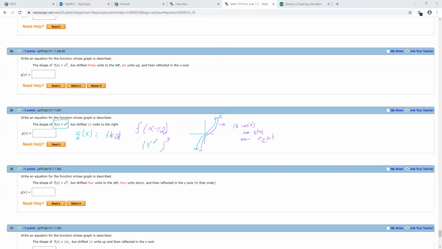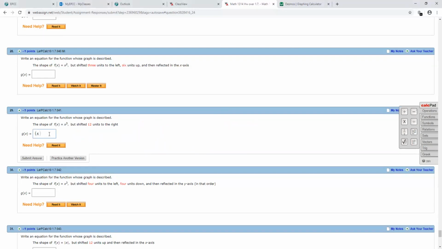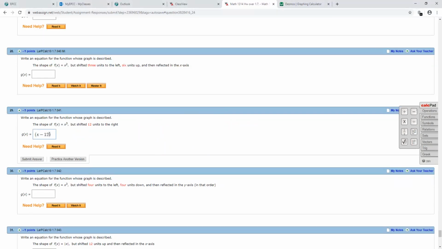We do what to the x? We subtract 12. And that's it. So that's what we put right here: (x minus 12) cubed.